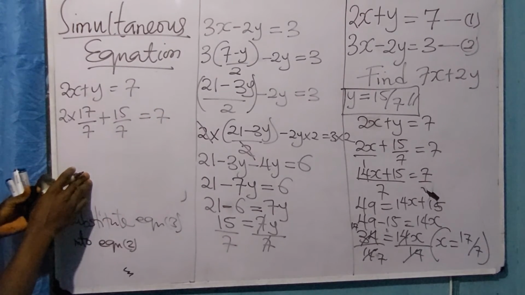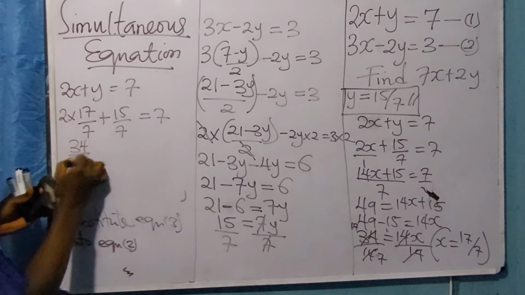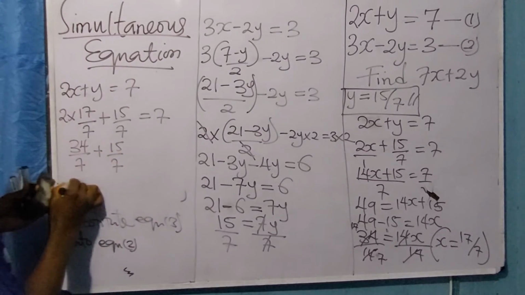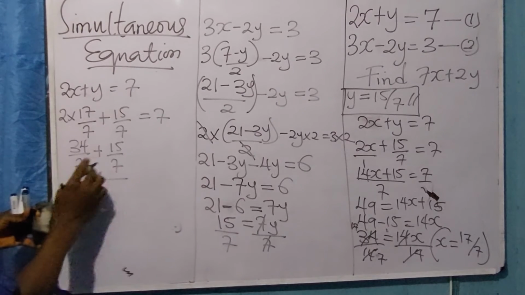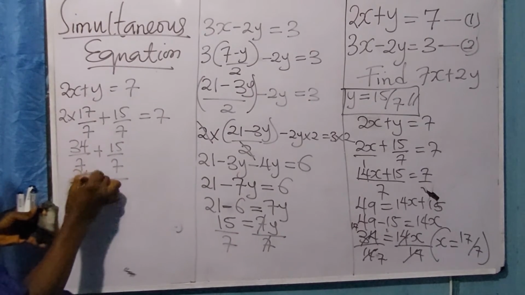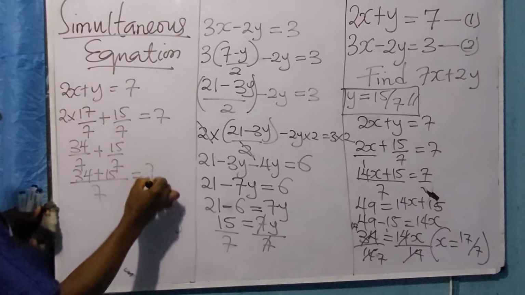Okay, 2 times 17 is 34 over 7 plus 15 over 7. Now, the sum of 7 and 7 is 7. You now have 34 plus 15 over 7 equals 7.